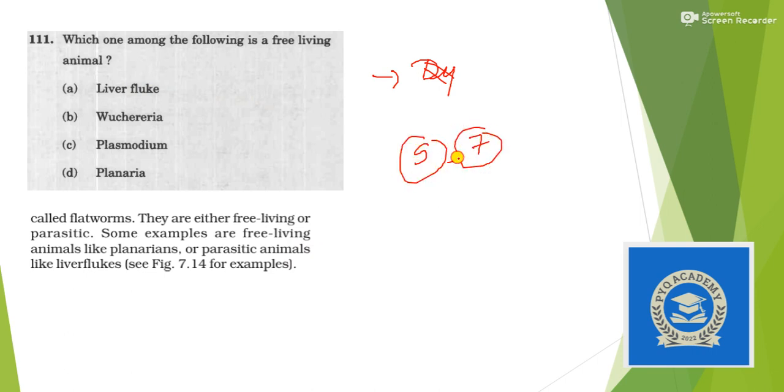In there I found that they are either free living or parasitic. Some examples are free living animals like planarians or parasitic animals like liver fluke. So liver fluke is the parasitic one, but planaria is the free living, and these are also parasitic. Okay, so our answer is option D.